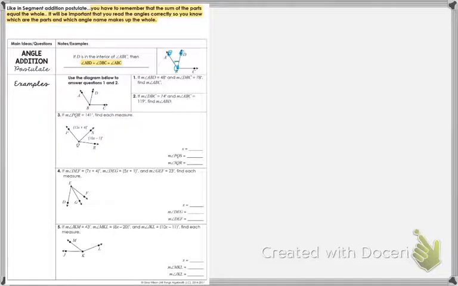this angle right here, plus angle DBC, this angle right here, is equal to the whole angle, which is ABC. That's this one. The parts. This is the whole.